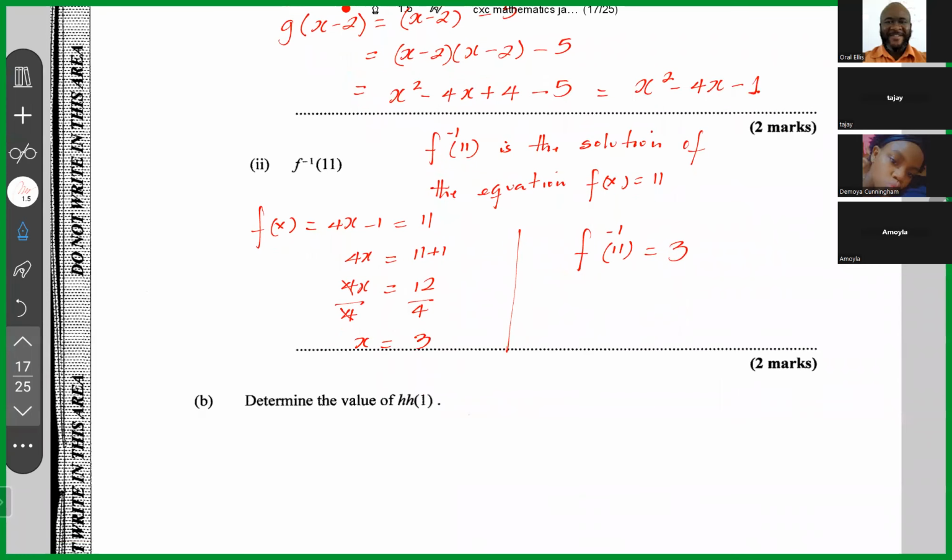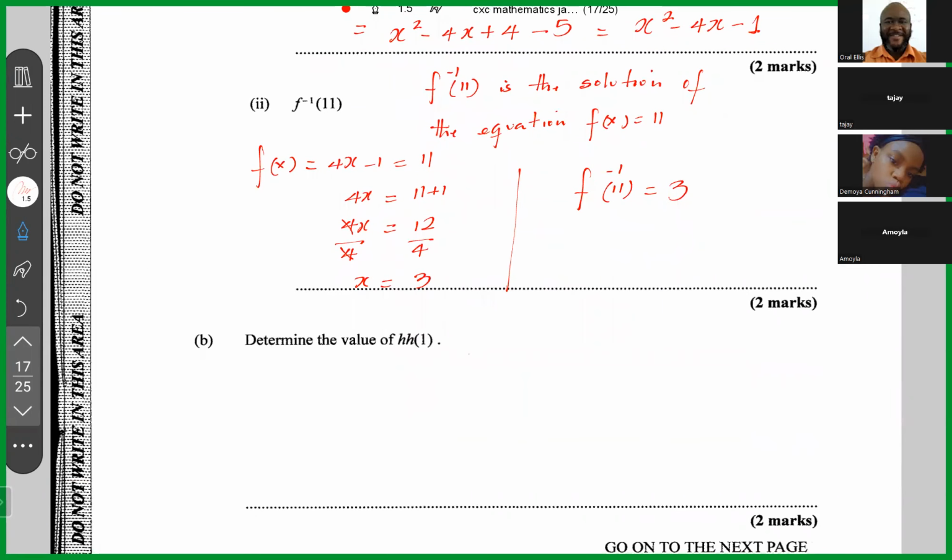Next, we're asked to determine h of h of 1. Now, h of x is equal to 3 to the power x. Now, h of 1 is equal to 3. Wherever I see x, I'm going to put 1, so 3 to the power 1 is 3.